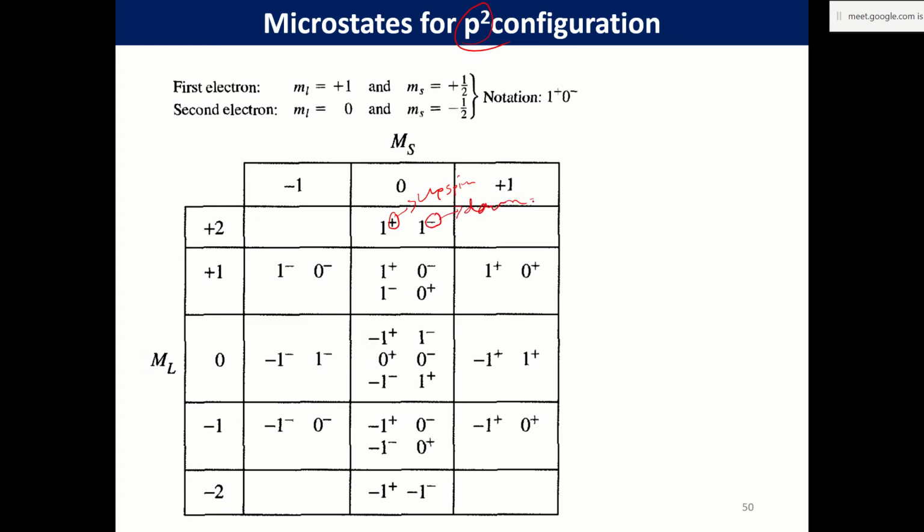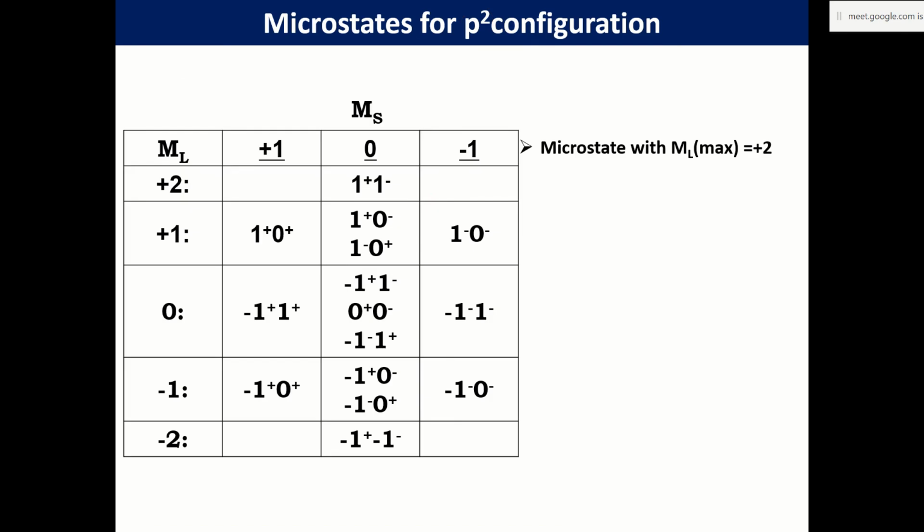That's how it has been written, up spin, down spin. Then you can arrange the ms and ml values and get this kind of table. In this way the description is shorter and easier to collect, because when you go to D2, it will be 45 microstates. So let's see how we do this.